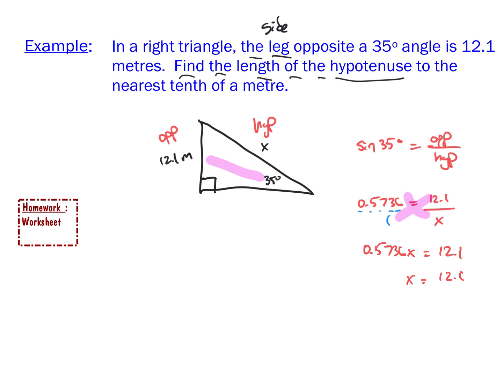So to figure out what x is, we're going to take 12.1 and divide it by 0.5736. And when we do that, we get 21.1 meters. That's our answer. So that is the length of the hypotenuse in the triangle.